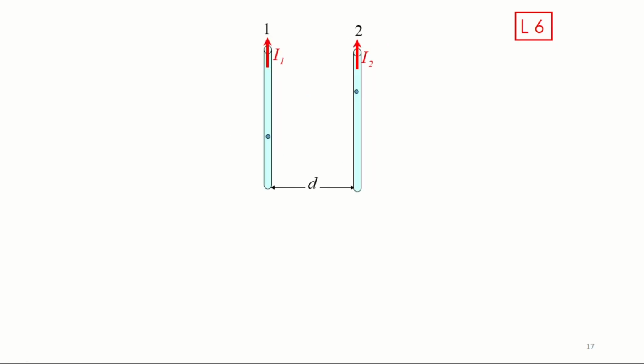Consider two identical straight conductors 1 and 2 with length L carrying currents I1 and I2 in the same direction, with separation distance of D. Around conductor 1 we have B1 and around conductor 2 we have B2.